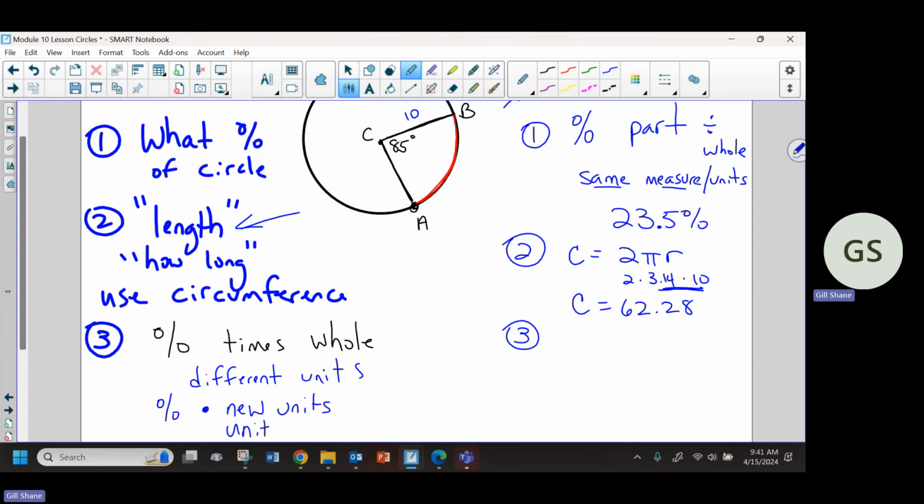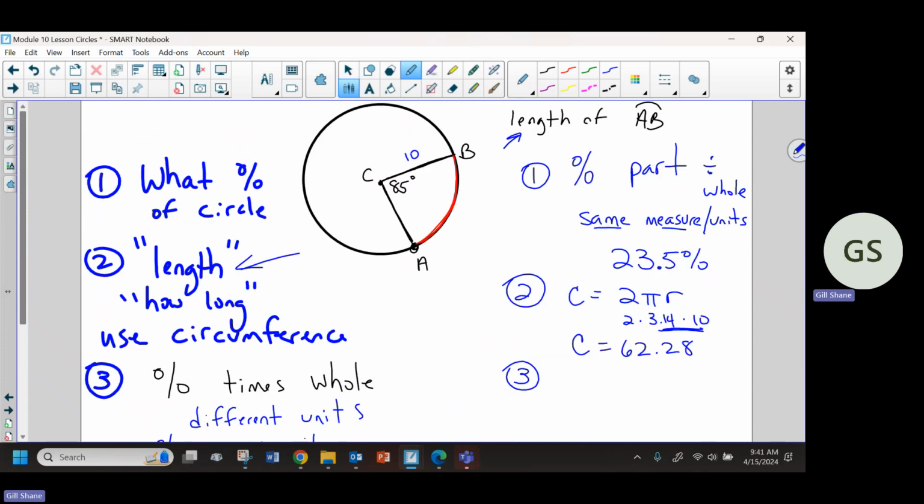These are all different ways to say the same thing. If I said, find this in length, well, length would be the measure of units. Normally they'll have a measure of length there, like meters. I'm supposed to be doing the percentage times the whole. I have the percentage. I have the whole in units in circumference and length. So the length means circumference.